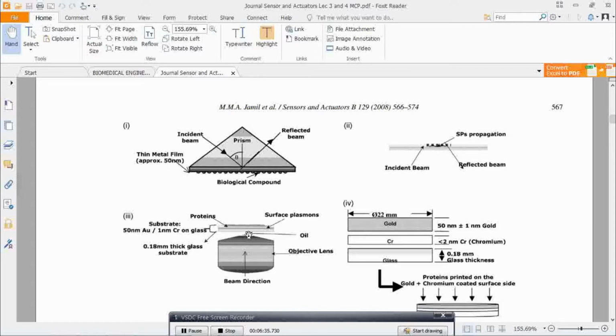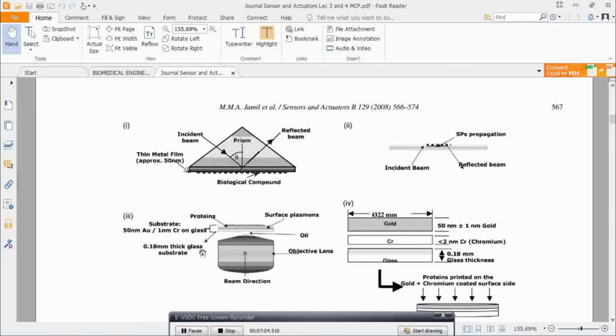So you have glass, chromium, and then gold, and then you have the proteins being deposited on top of the gold layer. The beam direction is from underneath, so we are actually imaging from underneath the samples, and then there will be oscillation of surface plasmon, and when the light gets reflected back, it is further processed.